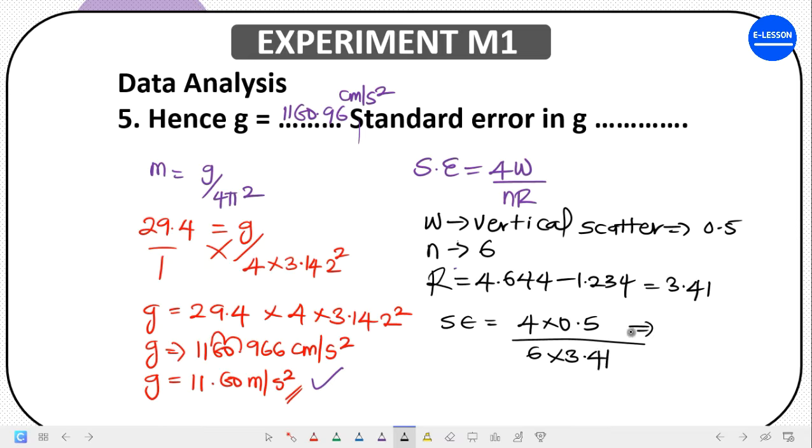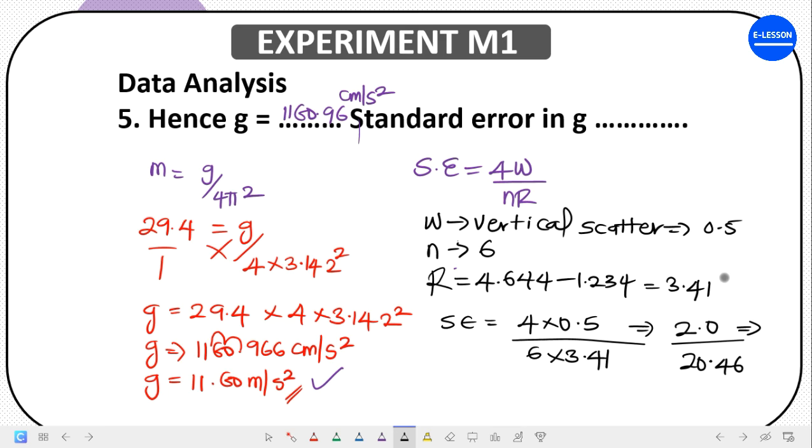And then at the end of the day, what is this going to give us? It's going to give us 2.0 divided by 6 times 3.41. 6 times 3.41 is going to give us 20.46, right?